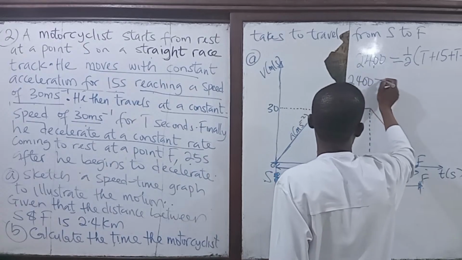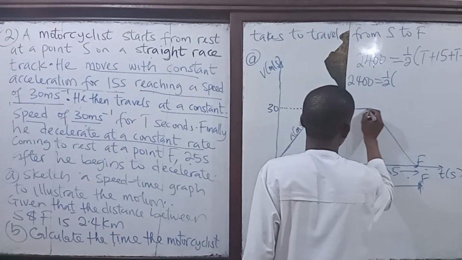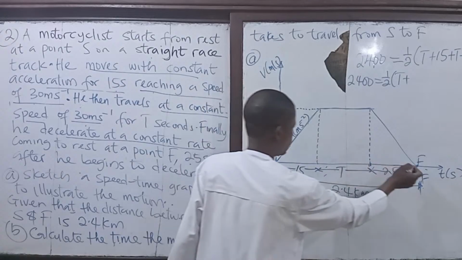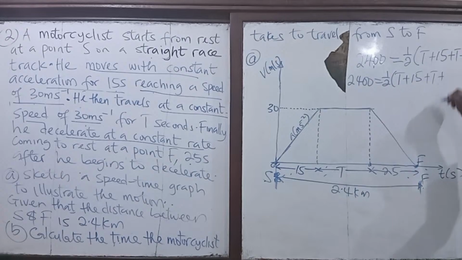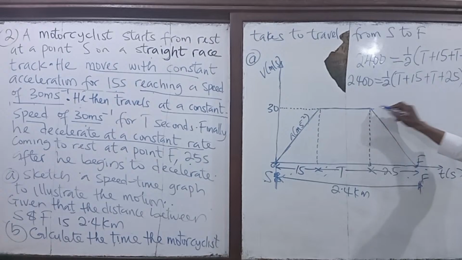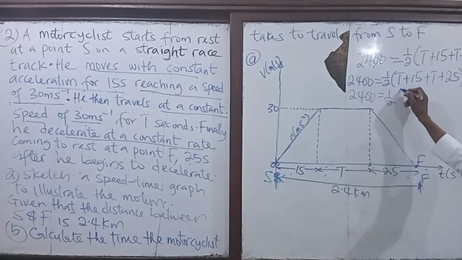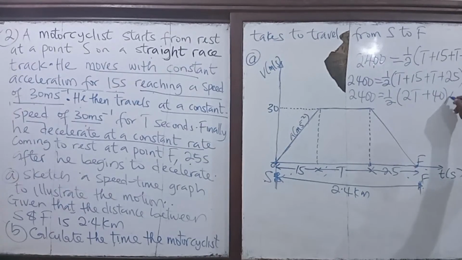So 2,400 equals half times, 15 plus t plus 25, and then times the height from here to here, times 30. So we're going to have 2,400 equal to half times 2t plus 40, times 30. 15 plus 25, that's 40.